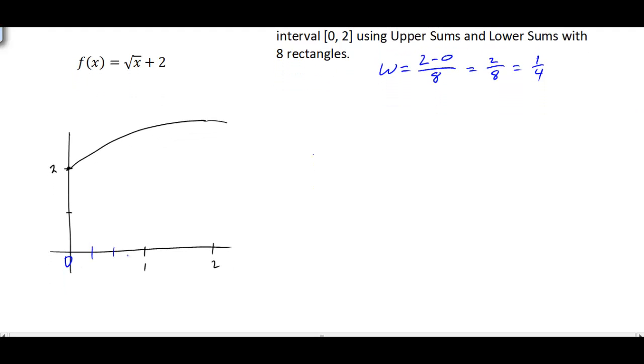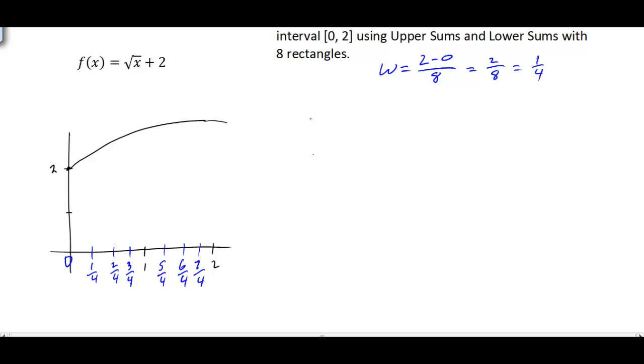So we would have 1/4, 2/4, 3/4, 4/4, which is 1, 5/4, 6/4, 7/4, and then 8/4, which would be 2.